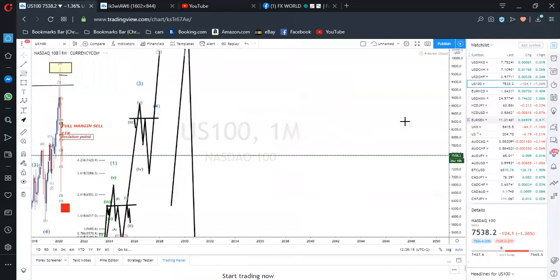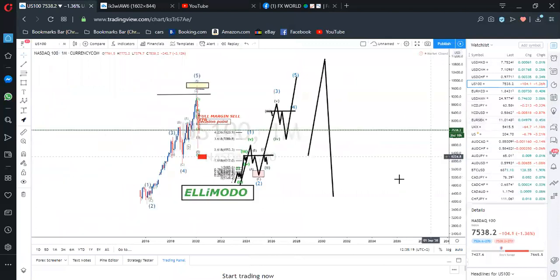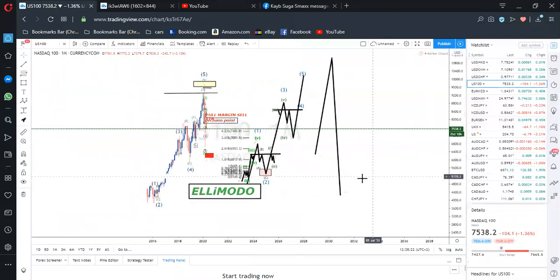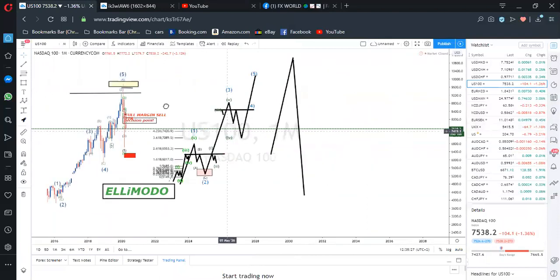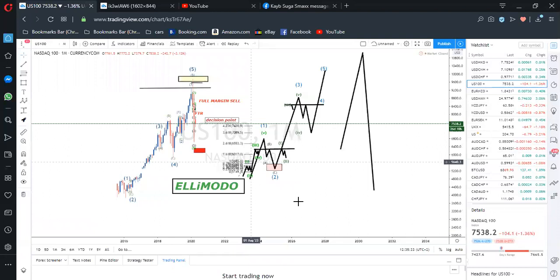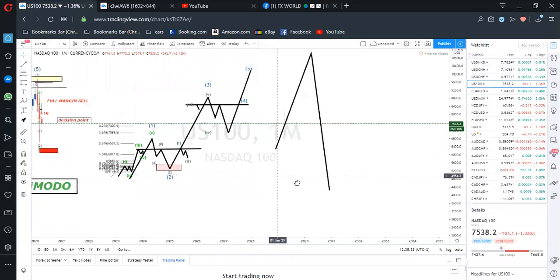I had already seen this since way back. I think I caught it when it was somewhere here. I knew that it was going all the way to the top there, and then we'd have our full margin sales. I did all these things, it's just that these things are moving around and I didn't properly plot them. I also have this, which is basically the market structure.